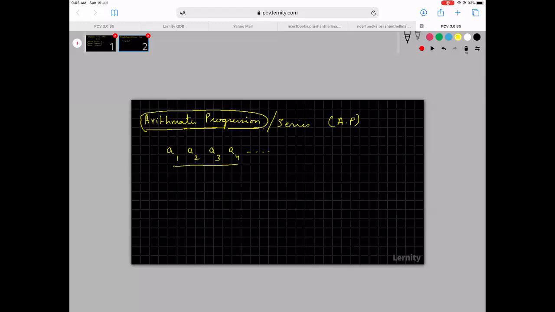If you have a series of numbers such that the difference between two adjacent numbers is a constant, we call such a sequence an arithmetic sequence.